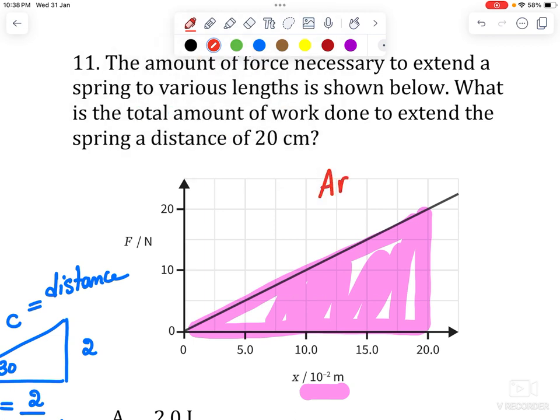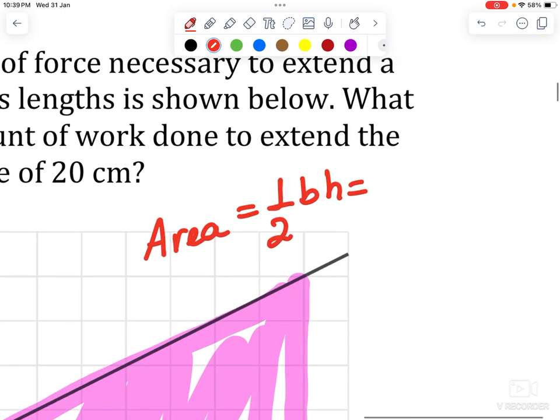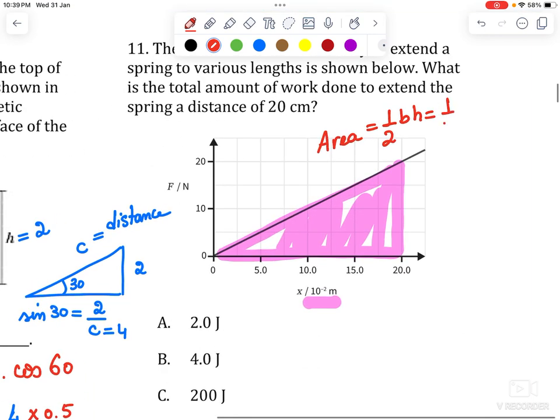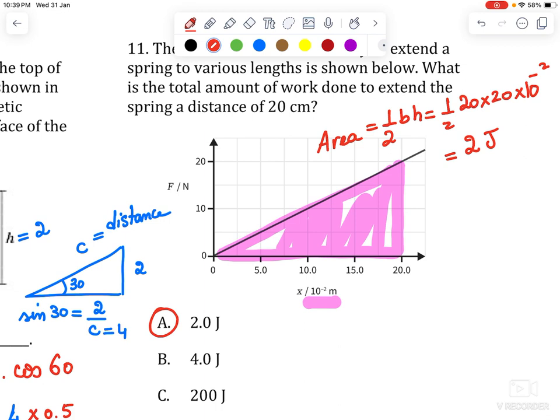The area is a triangle here, so half base times height. Not to forget that my displacement is in centimeters, so it is half by 20 by 20 by 10 to the power of -2. So I will have only 2 joules. So the correct answer is 2 joules, not 200.